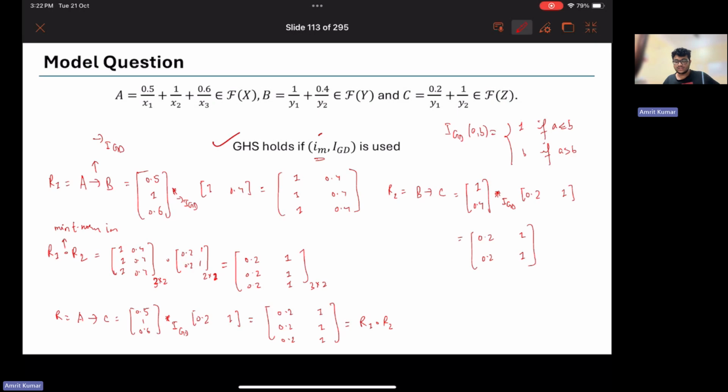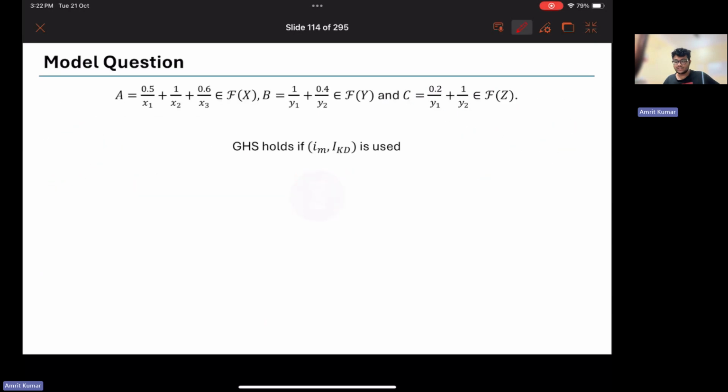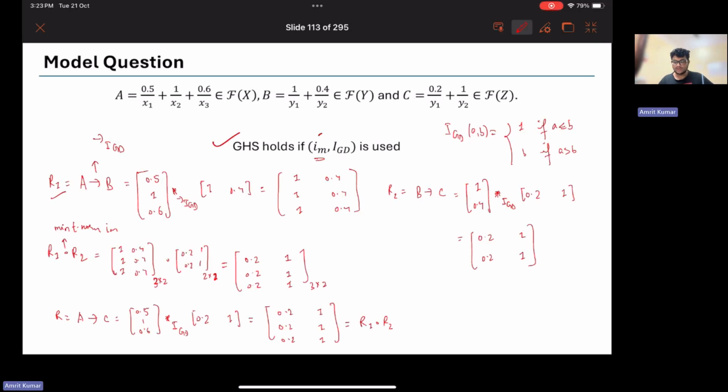Now you can do the same thing to see if GHS holds when we use minimum T-norm and Kleene-Dienes implication. So the Kleene-Dienes implication is given like this. Right. So I leave this as an exercise. Do it yourself. Homework. All you've got to do is compute the relation R1 and R2.